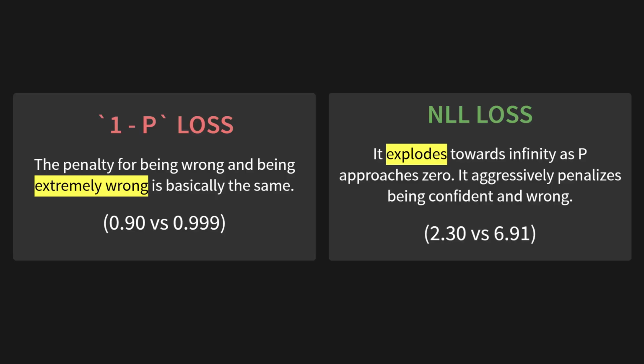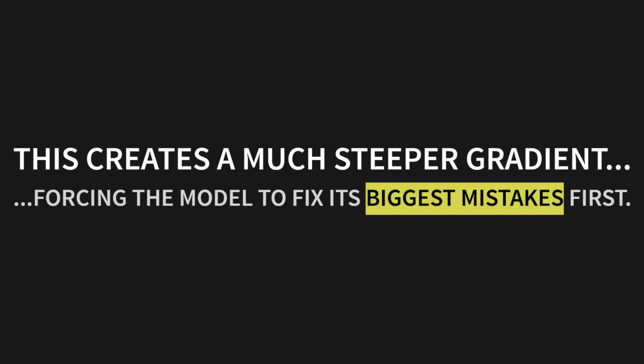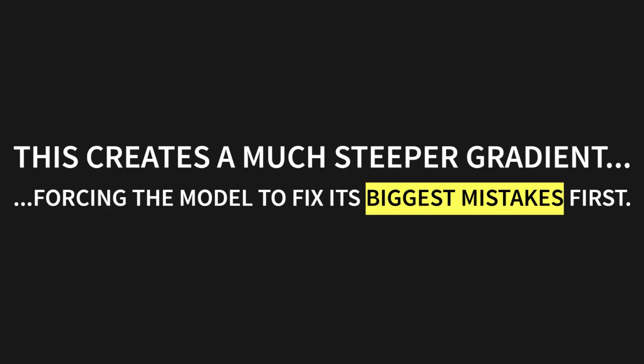It aggressively penalizes being confident and wrong. And what does that do? This creates a much steeper gradient, a much stronger error signal, forcing the model to fix its biggest mistakes first. It's an incredibly effective way to learn.